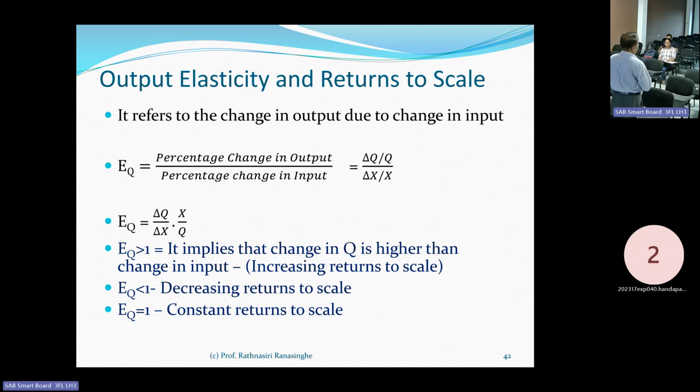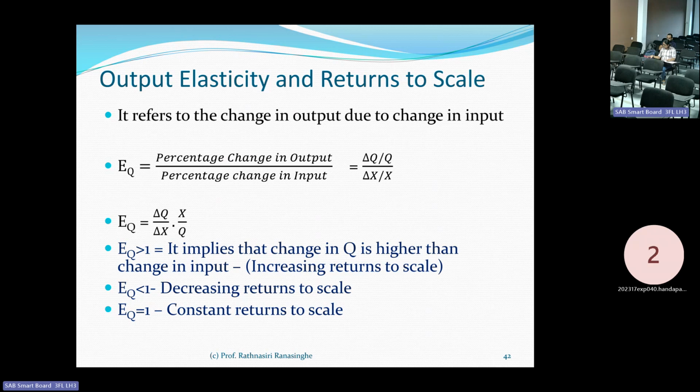By looking at this coefficient, we can check whether it is greater than 1 or less than 1, because we have the ratio: percentage change in output divided by percentage change in input. If it is less than 1, there will be decreasing returns to scale.